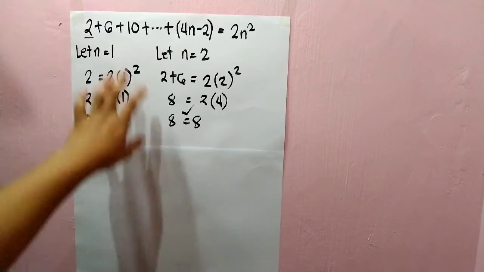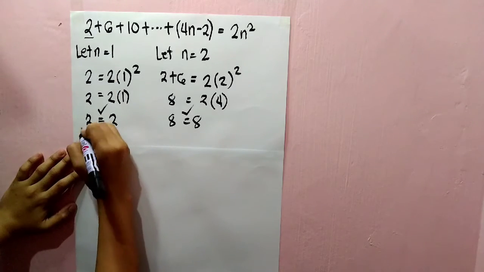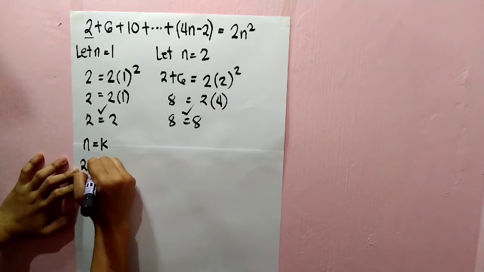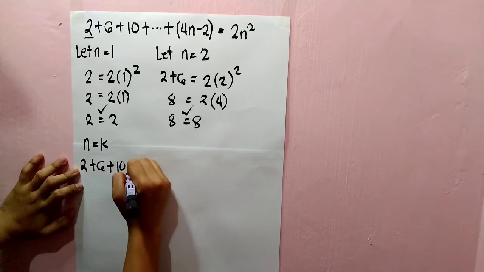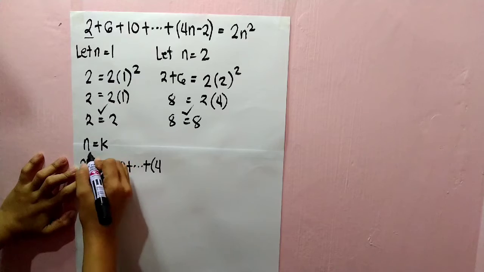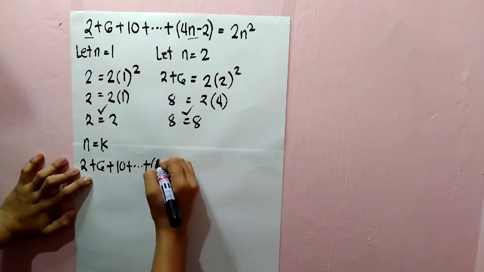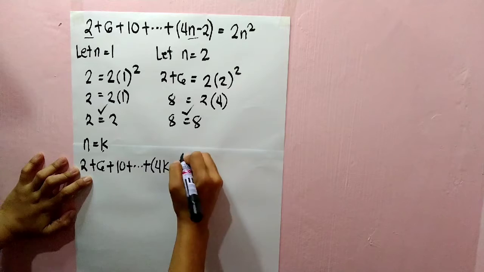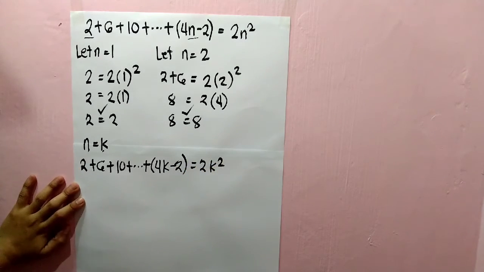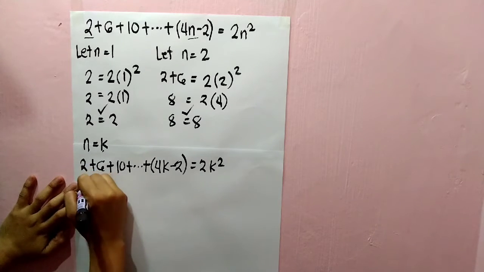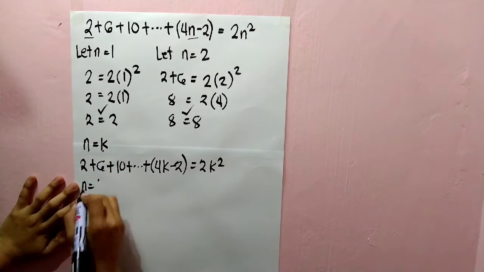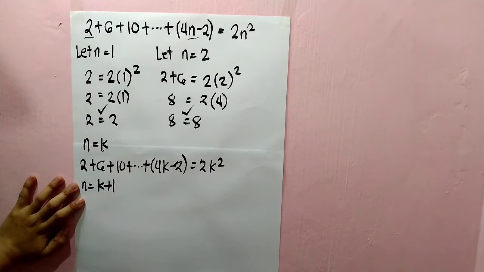So now we will assume that n is equal to k. So we have 2 plus 6 plus 10 plus all the way to 4k minus 2 equals 2k squared. Since we let n equal k, we substitute this n. So now we will prove that it is also true for n equals k plus 1.